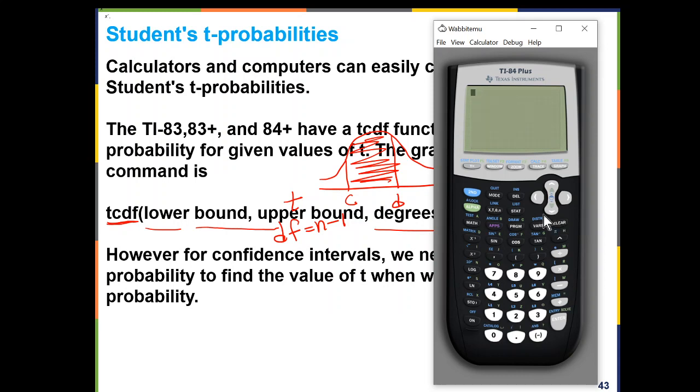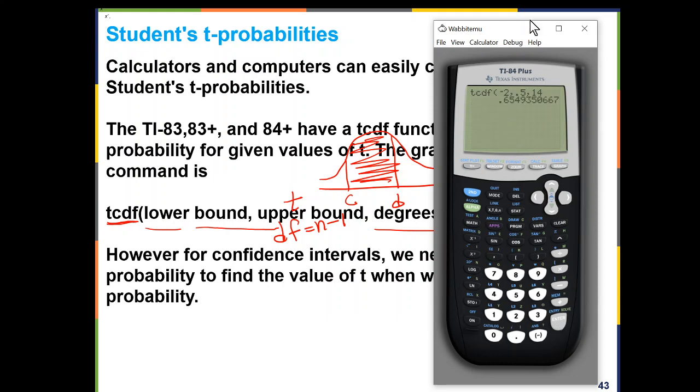Alright, so let's go to distribution and go to T CDF, that one. Suppose I want to know the probability that the number is between, let's say, -2 and 0.5, just made up numbers for C and D. And then all we have to put after that is degrees of freedom, let's say 14.